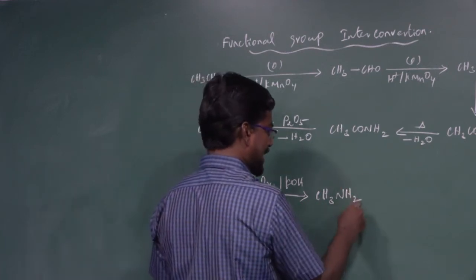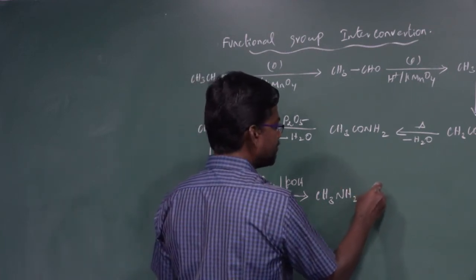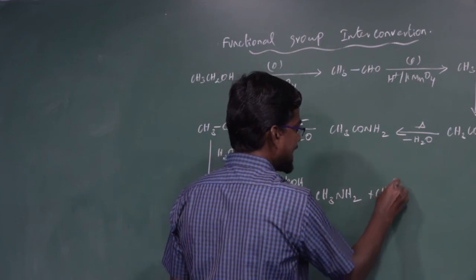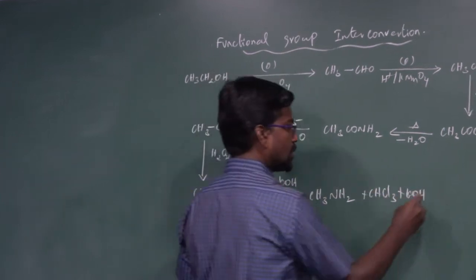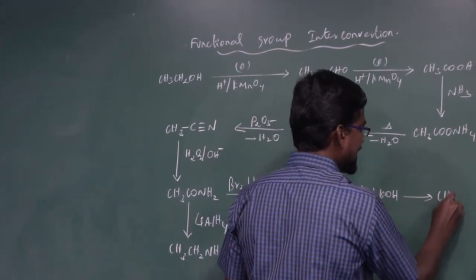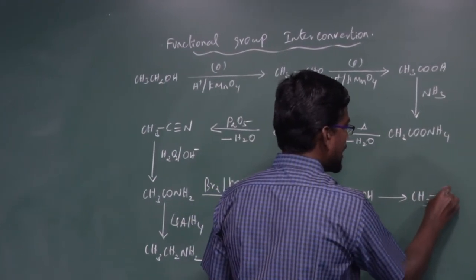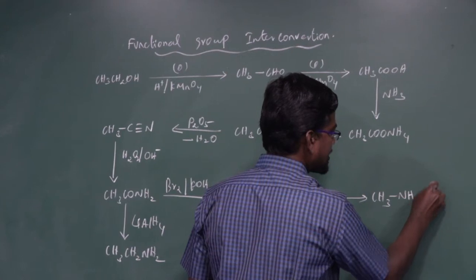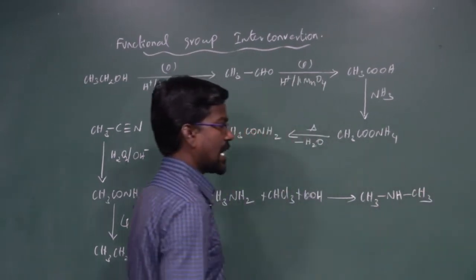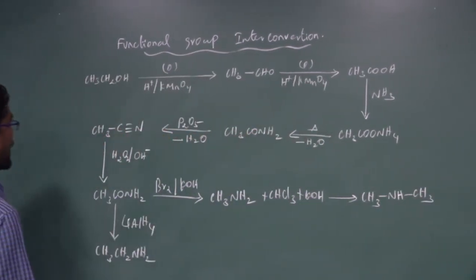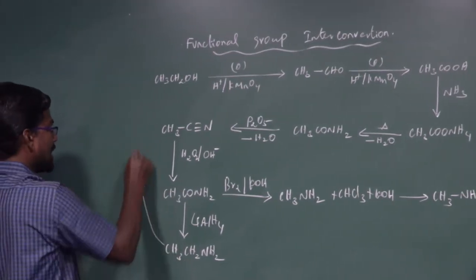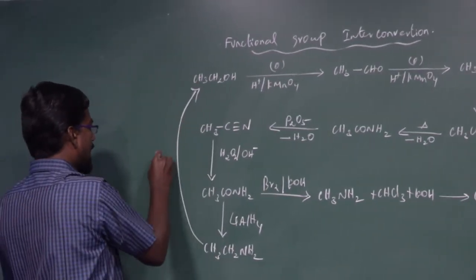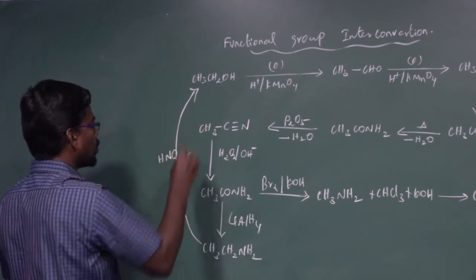CH3NH2 further reacts with chloroform, CHCl3, and potassium hydroxide to form CH3-NH-CH3, a secondary amine. The ethyl amine reacts with nitrous acid, HNO2.